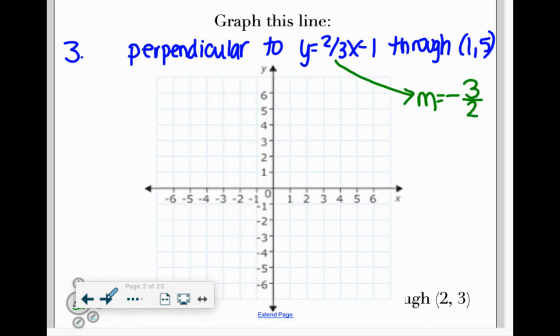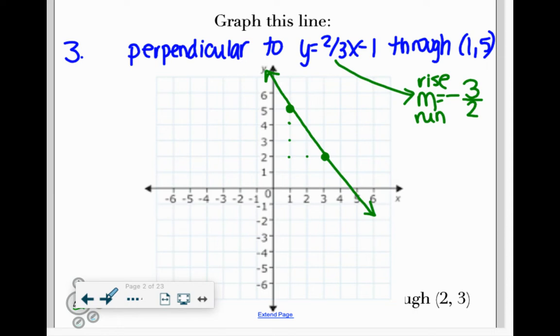So we're going to go to the point (1, 5), and we needed to have a slope of -3/2. Remember that that's rise over run. So we're going to rise -3 and run 2. And that's my line.